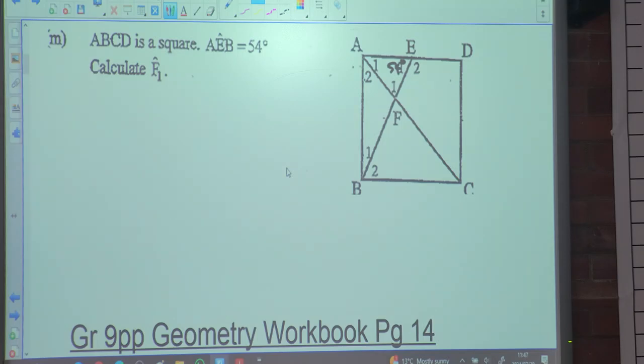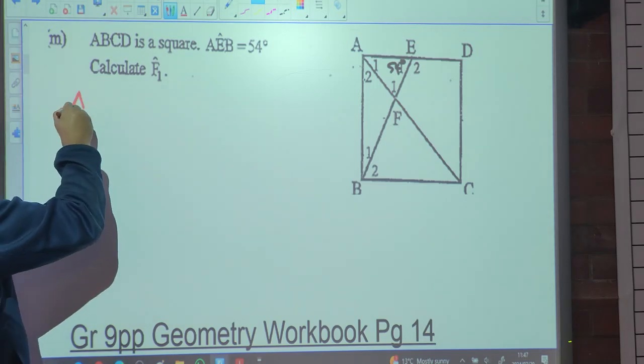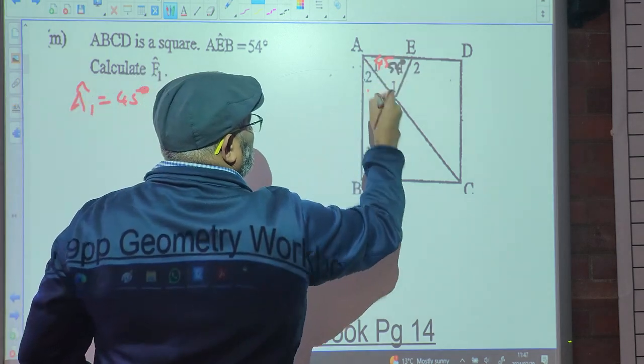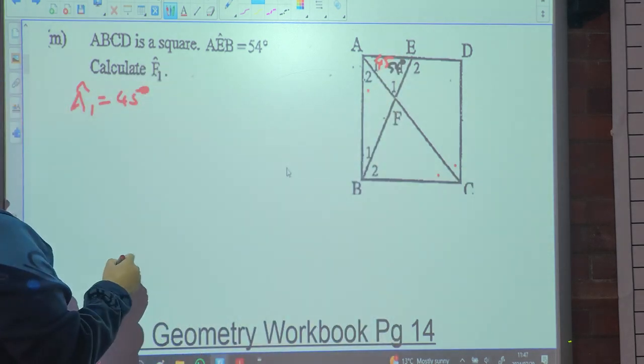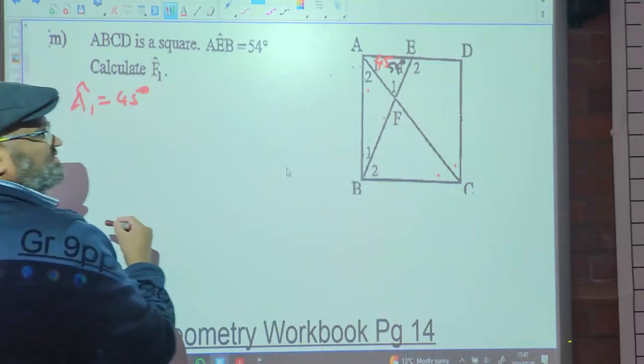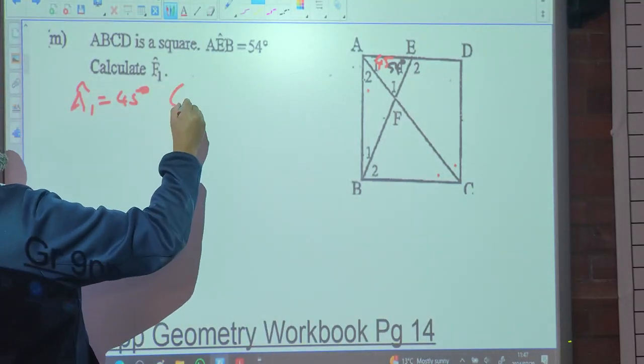People, F1. Now I'm going to calculate F1. Nice! She says A1 is 45 degrees. Why? Now all of these are 45. Is that 45? No, because that's not the diagonal. Can you see that, people? So A1 is 45, why?